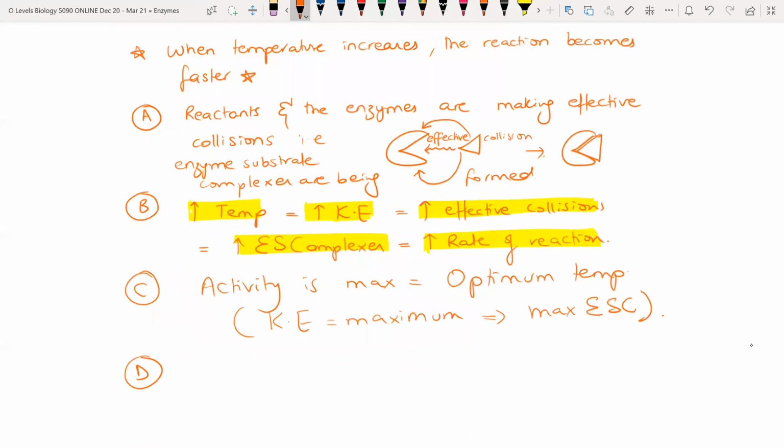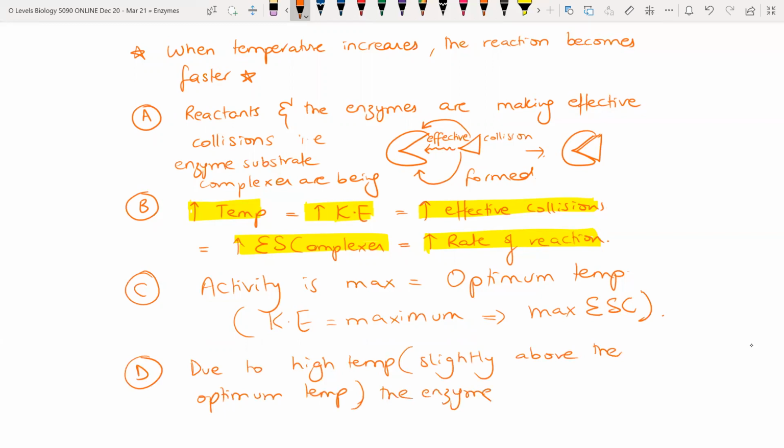We need to understand that due to high temperature, which is slightly above the optimum temperature, the enzyme starts to denature. And I'm going to use a different ink to write this down. Starts to denature.